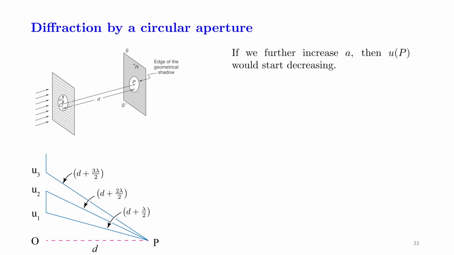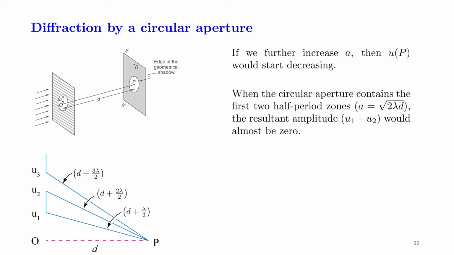Now, if we further increase a, then up would start decreasing. When the circular aperture contains the first two half-period zones, or when a equals square root of 2 lambda d, the resultant amplitude u1 minus u2 would almost be 0.